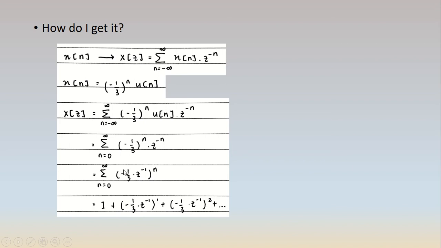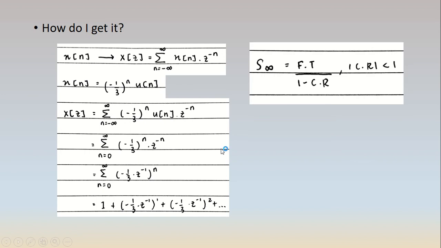When you expand this, starting from n = 0, we will get 1 plus, when n = 1, (-1/3 z^-1) to the power of 1, plus (-1/3 z^-1) to the power of 2, and so on, because it is going to infinity.